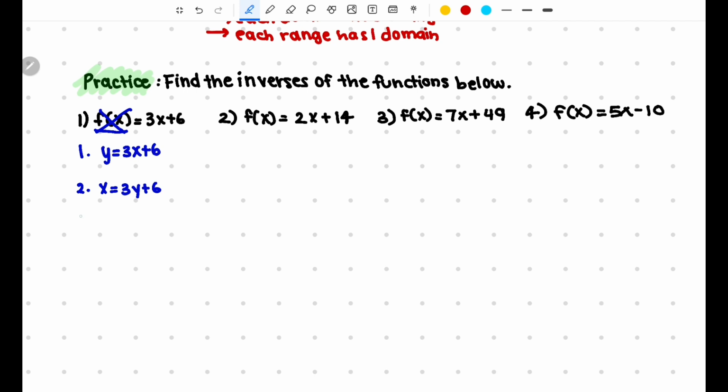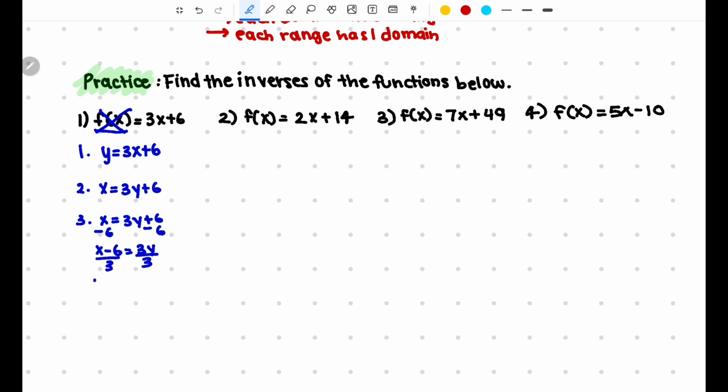All right, third step is the kind of lengthier step. It's just when we solve for y. So we're going to subtract 6: x minus 6 equals 3y, and then we're going to isolate the variable by dividing either side by 3.